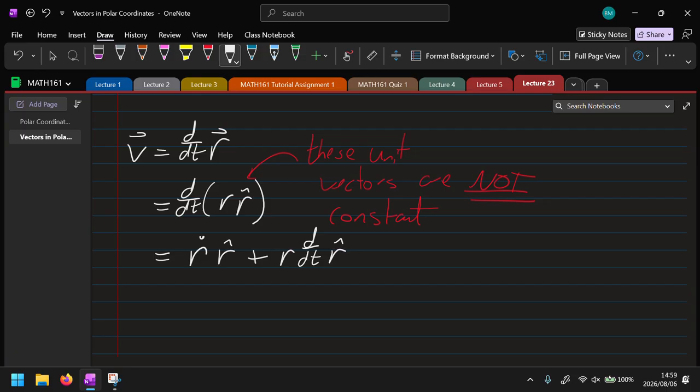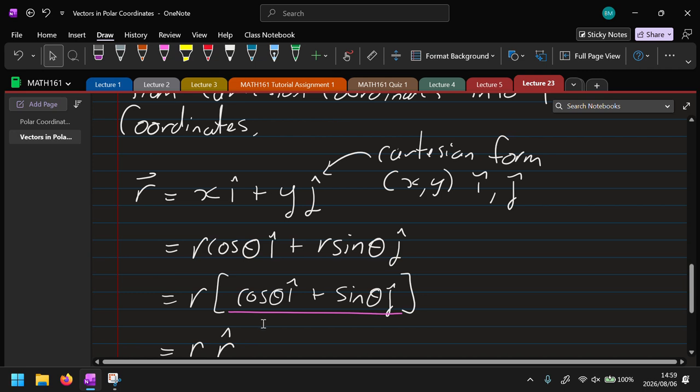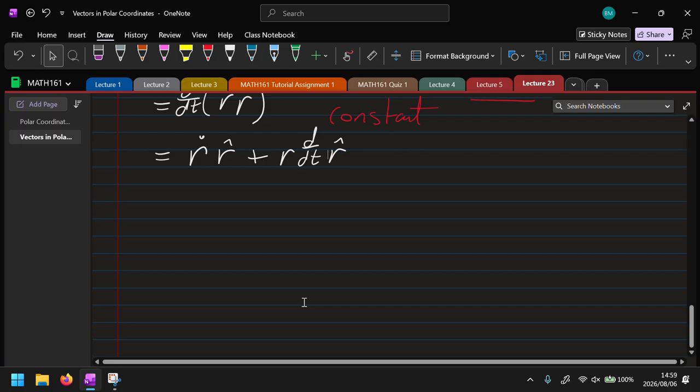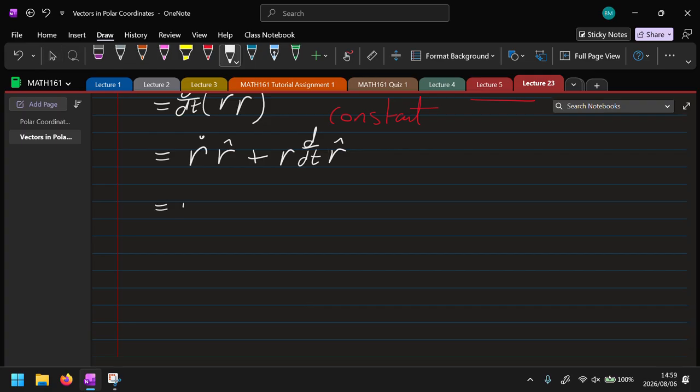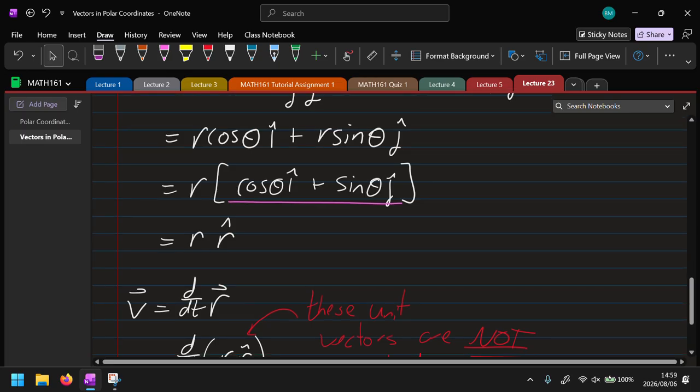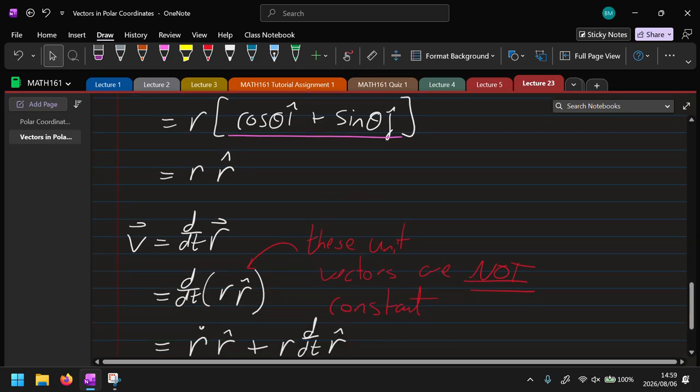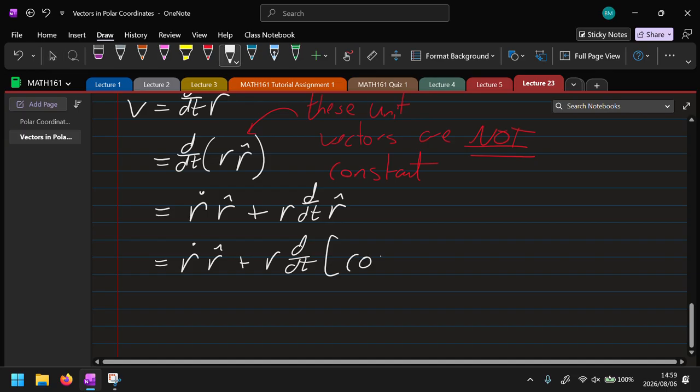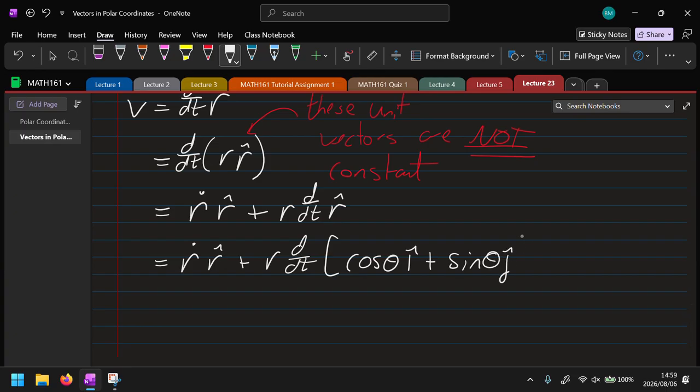Now, how do we do the derivative of r hat? Well, we know what r hat is. We defined it over here. So let's substitute and then do the derivative. So it's going to be d by dt and what we had before. The derivative's going to jump inside.